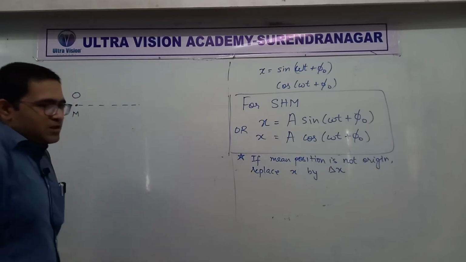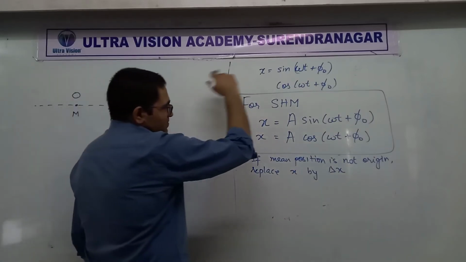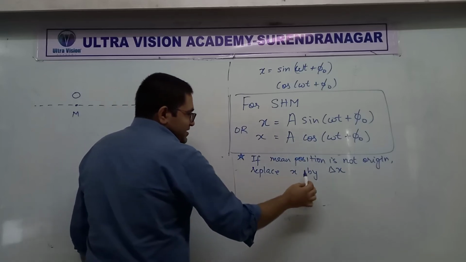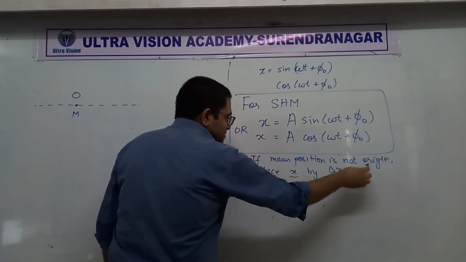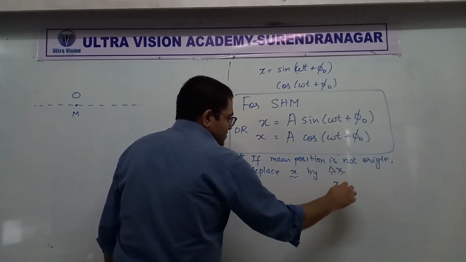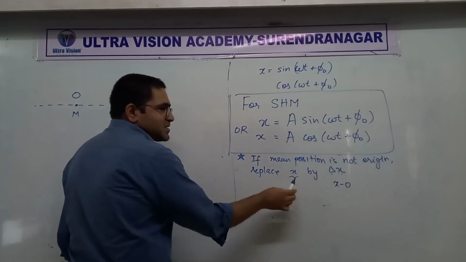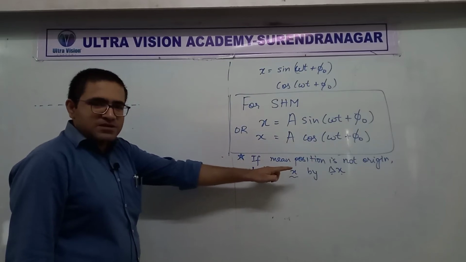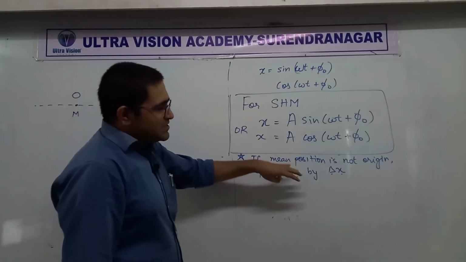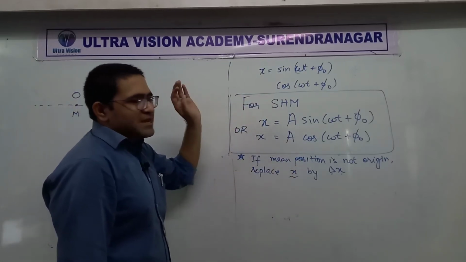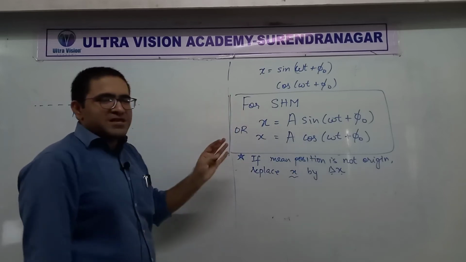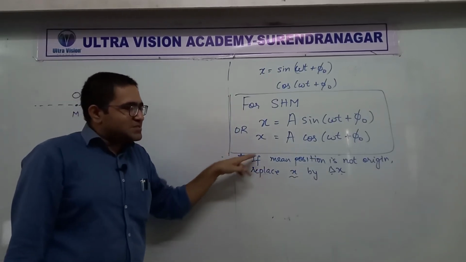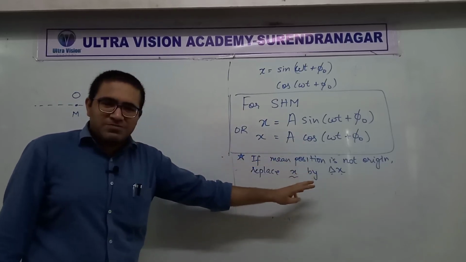If you recall how we had come to this point, if we take the mean position as origin, then instead of delta x we wrote x minus 0, and that's how we got x. So truly speaking, in general form it will be delta x. But like I said, mostly we take the mean position as origin. So it's fine. This is only a rare possibility. Okay?